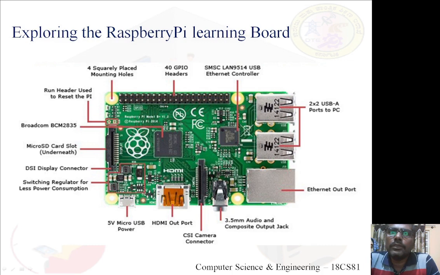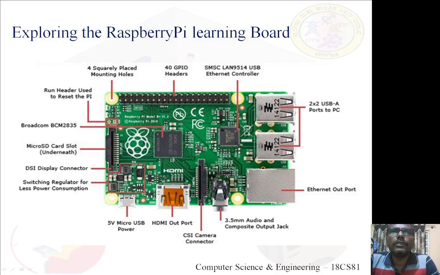So this is a Raspberry Pi computer board. See here, whatever features are explained in the previous two slides, everything you can see over here. See, I said there is a system on chip, right? That you can see, Broadcom BCM2835. That's a system on chip.